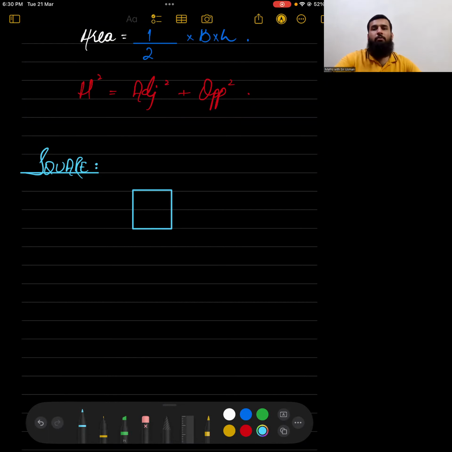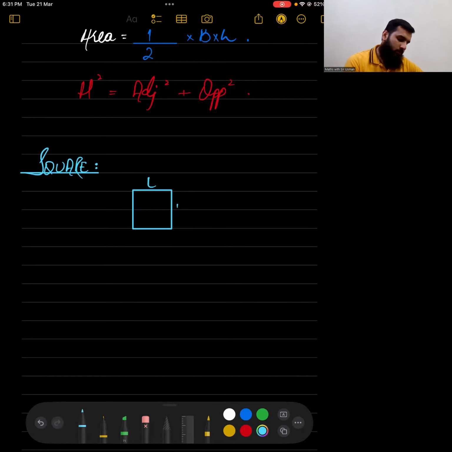So if you remember from the previous topics, we discussed the concept of regular and irregular polygons. So regular polygon में हमने ये समझा था that whenever we are having a regular polygon, it is going to be a polygon or a geometrical shape with all of its sides and the angles being equal. So the same goes for a square, which is a regular quadrilateral.